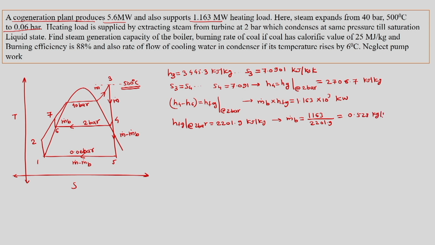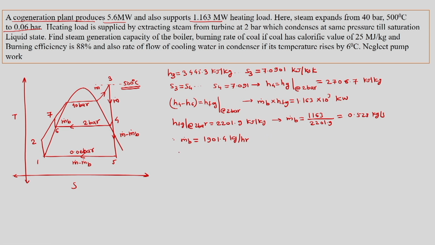0.528 kg per second. We can also find m dot b in kg per hour, which is 1901.4 kg per hour. We can convert it into tons per hour as well.